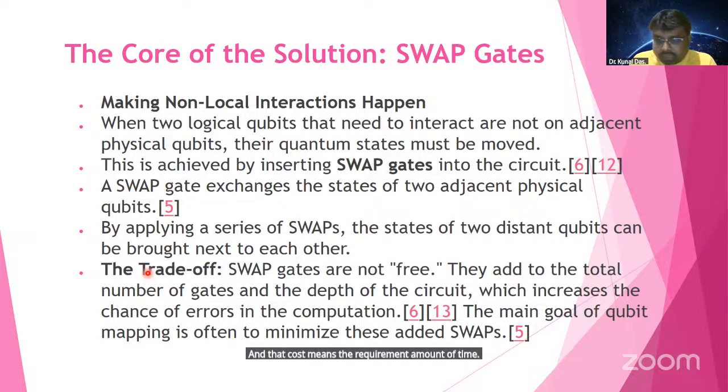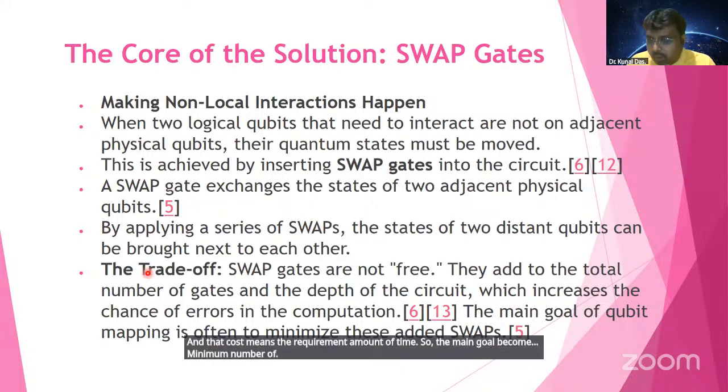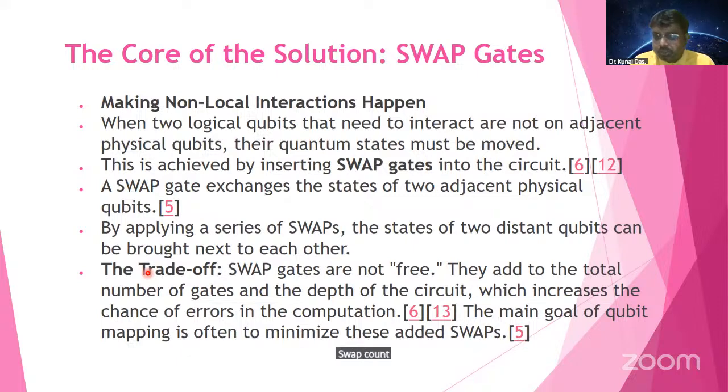So the main goal becomes the minimum number of swap counts or swap gates usage. If I am able to optimize this problem, then definitely the translated circuit will be optimized for your logical to physical mapping.